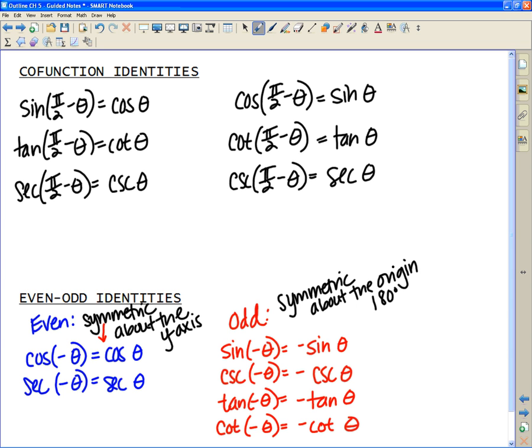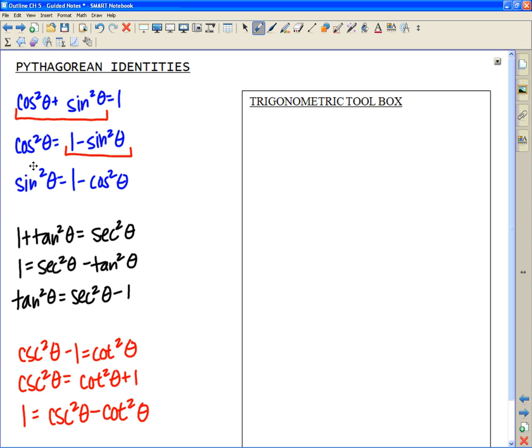Okay, we are almost finished with this part of the video lecture. We need to talk about our trigonometric toolbox. You guys will refer to this quite a few times in this entire chapter, so you do not want to lose this piece of paper. Number one, a trigonometric toolbox is the tools that you will use to work with identities.